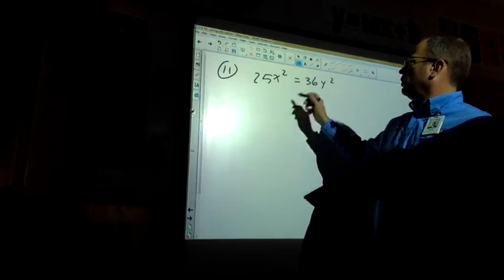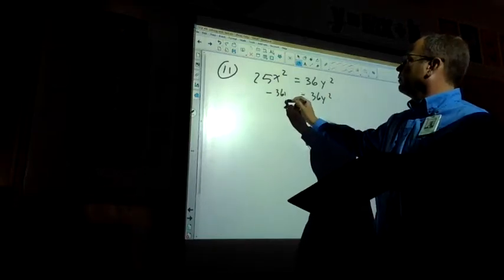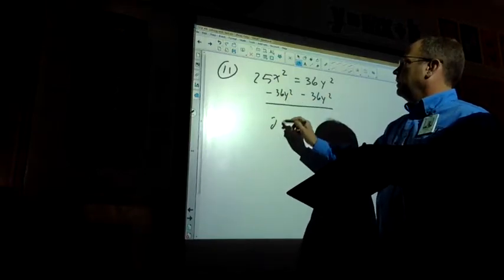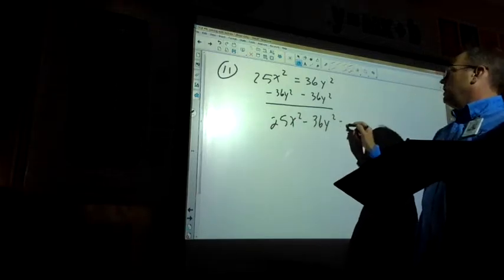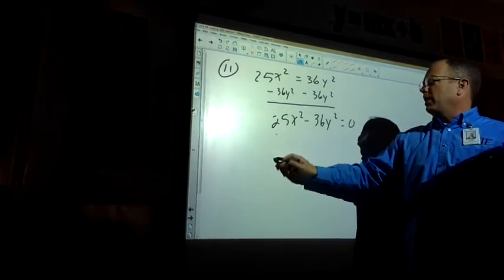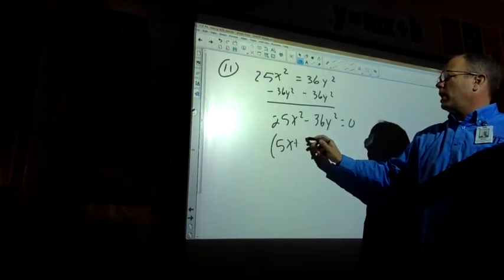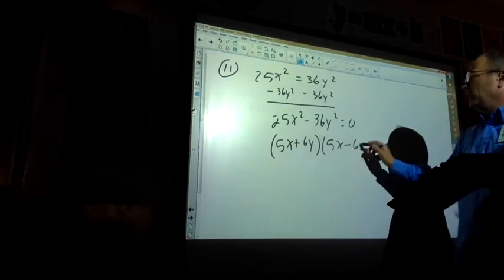So you could move this over by subtracting it, bringing it over. So then you get 25x squared minus 36y squared equals 0. So now this is the difference of 2 squares. So this is going to break up to be 5x plus 6y and 5x minus 6y.